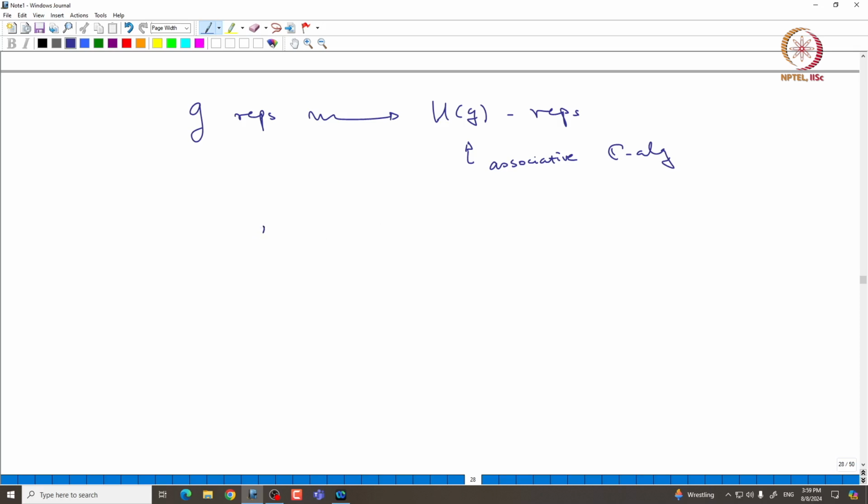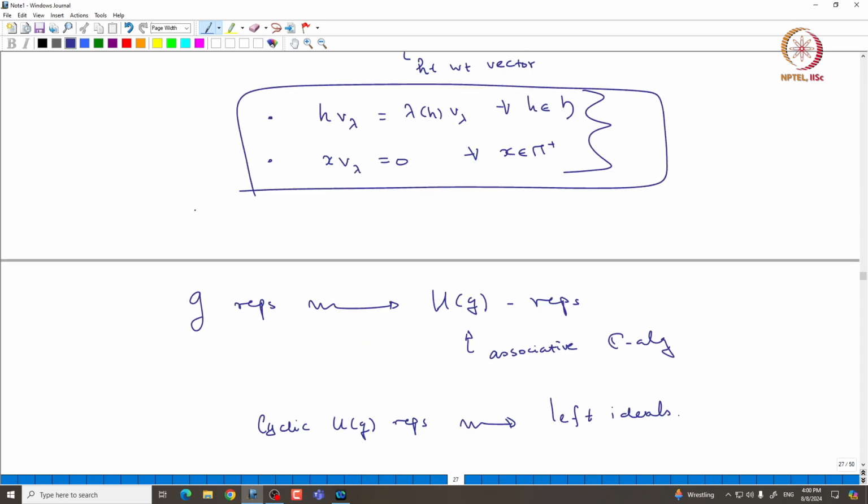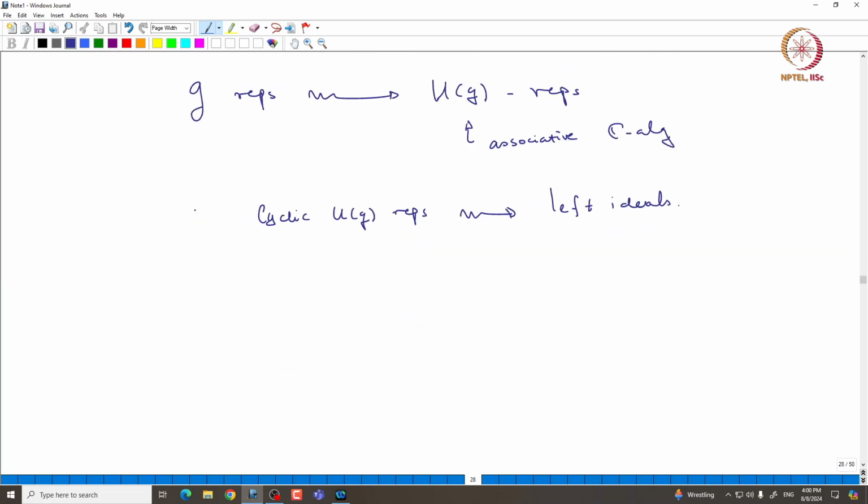So cyclic UG representations correspond to left ideals. What I mean by that: you want to construct a representation that is generated by v lambda and has these relations.